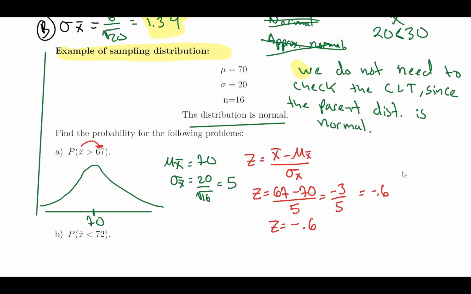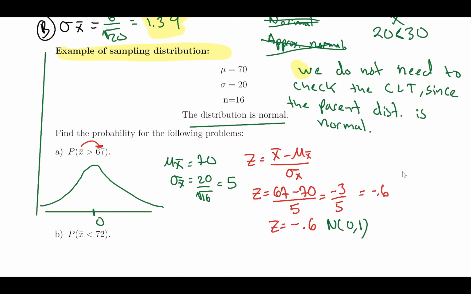All right. So now that I found z is equal to negative 0.6, what's my mean and what's my new standard deviation now? Zero and one, good. So now instead of putting 70, I'm gonna put 0.